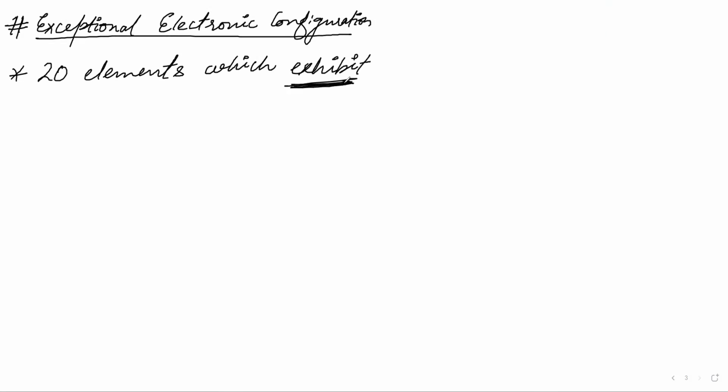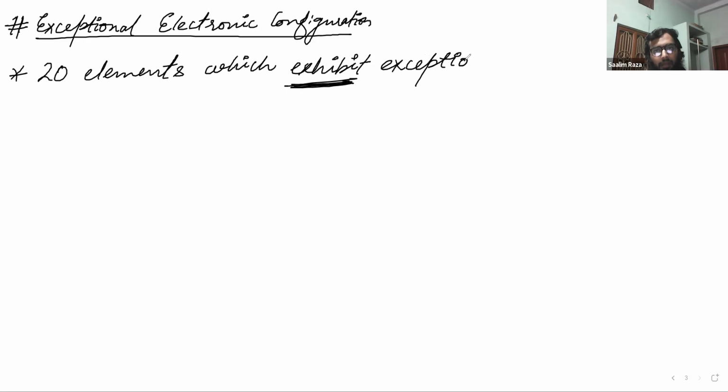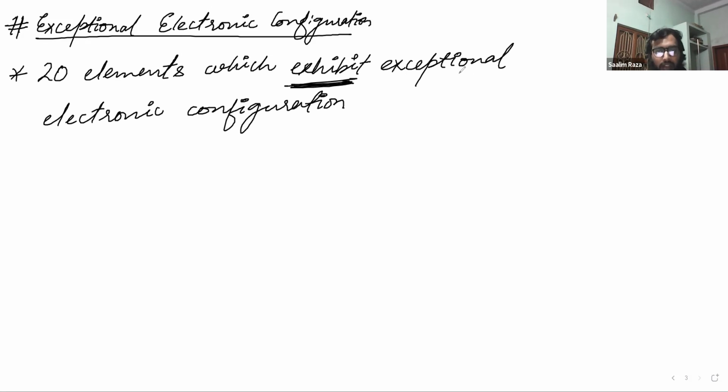In CBSE, write exhibit 20 times, you will get 20 more marks. 20 elements which exhibit exceptional electronic configuration. What is exceptional? Exceptional is just a way of saying that we didn't expect this. We expected something else, and the actual was something else.